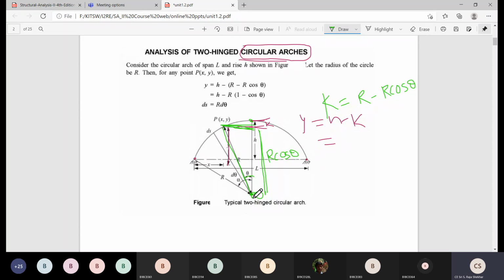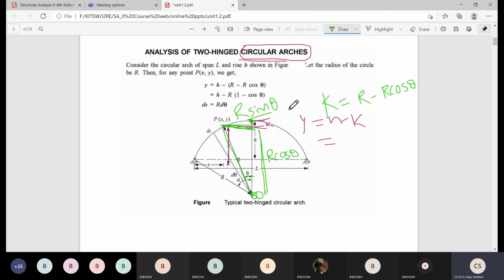The distance from the origin to the extreme edge of the circular arch is capital R. The vertical component of this one is r cos theta, and the horizontal component is r sin theta, because theta is the angle between the vertical axis and the radius r.